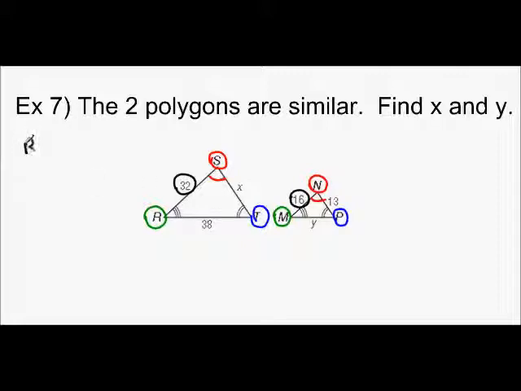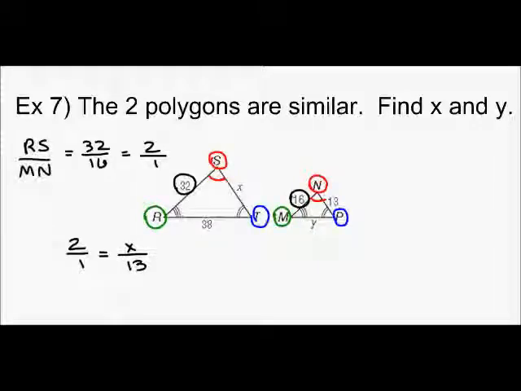So if I look at RS over MN, I get 32 over 16, which gives me a scale factor of 2 over 1, technically. Okay. So now if I'm looking at ST and NP, I have 2 over 1, using my scale factor, equals ST, which is X, over 13.